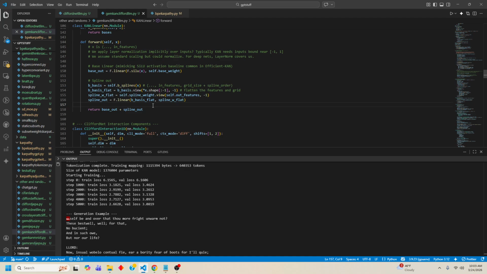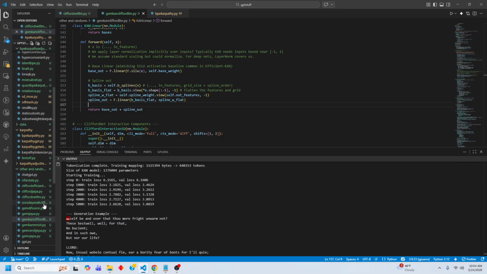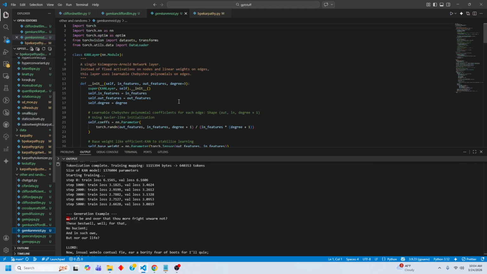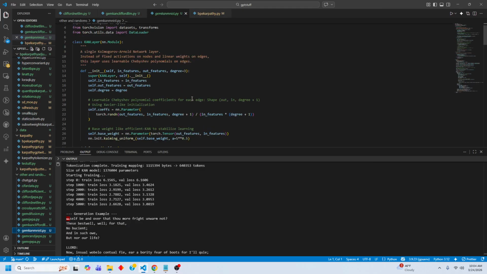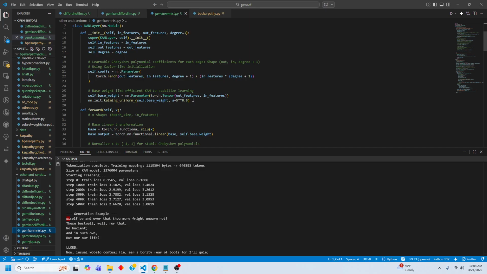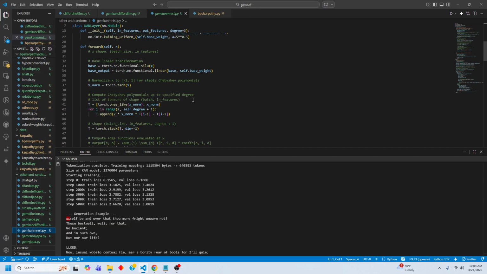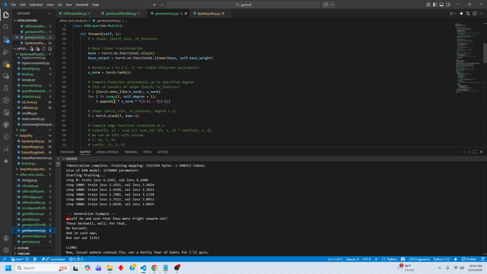There was a different one I read through. I wish I remembered which one it was, but let's see if it's over here. I think I liked this one better. So the con layer uses what's called the Chebyshev polynomials.